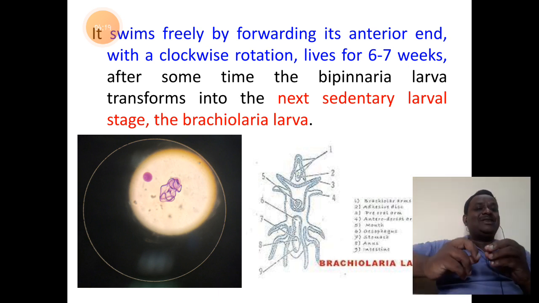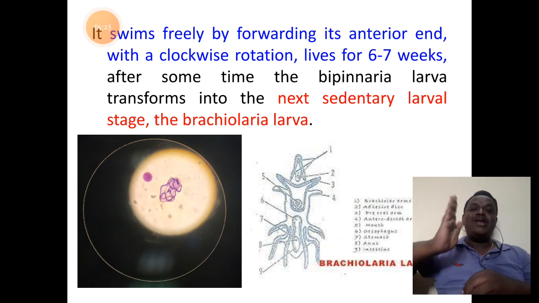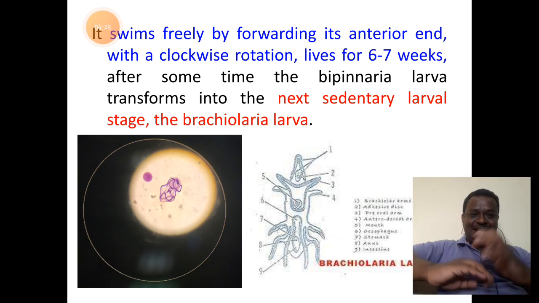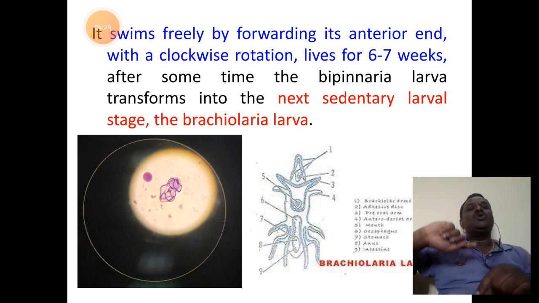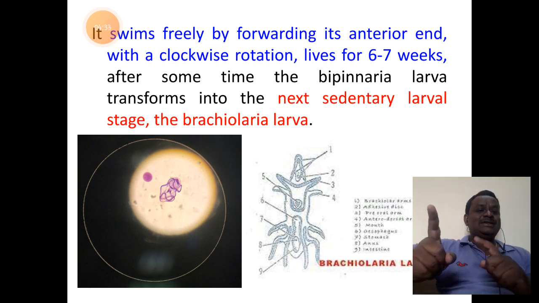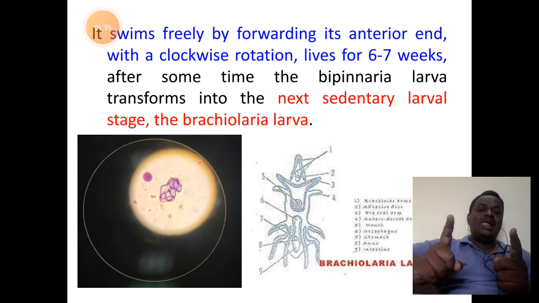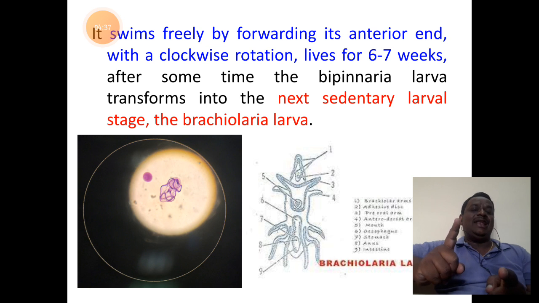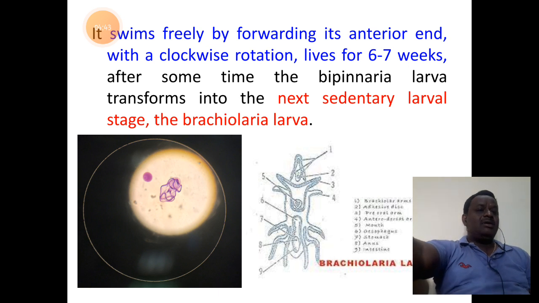So, this larval stage will now enter from a free swimming to a sedentary mode. So, the larval stage shows the swimming process in the initial stage and a sedentary life in the later stage. This is specially related to Brachiolaria larva only. So that's the speciality related to the Brachiolaria larva.